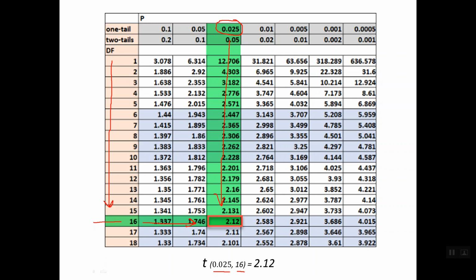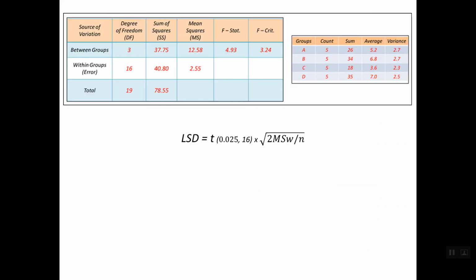So simply now we can calculate the LSD by direct substitution. So this is the formula. All we need in order to calculate the LSD is now available. This is the value of t, it is 2.12.